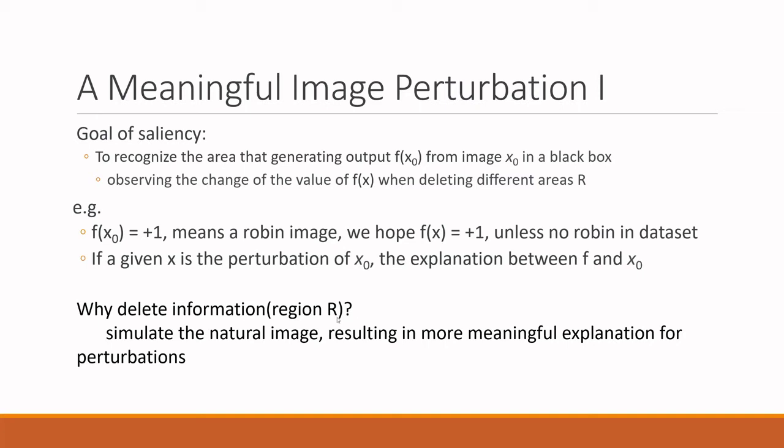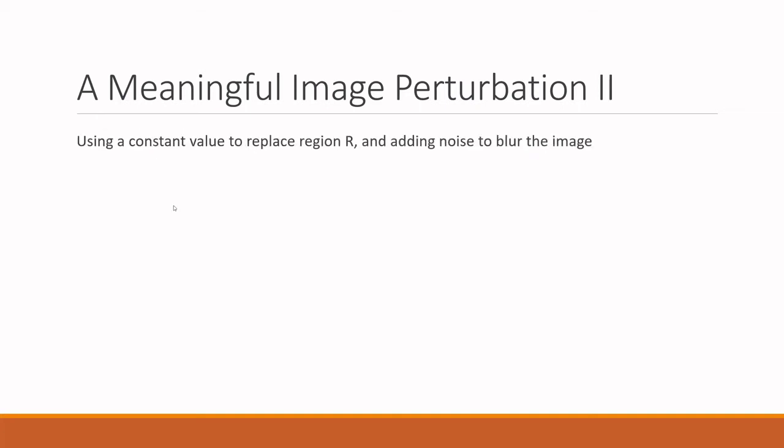Deleting information, we specify as a region R, using a constant value to replace region R and adding noise to blur the image.